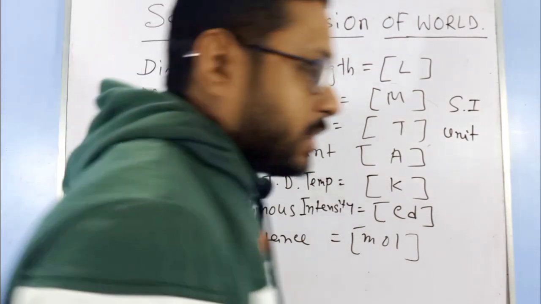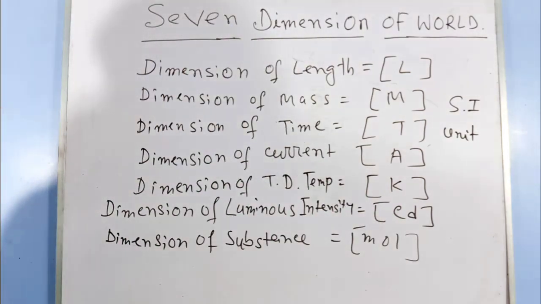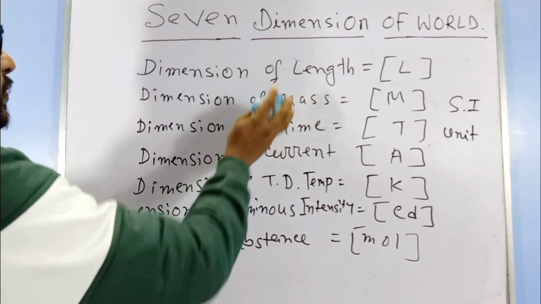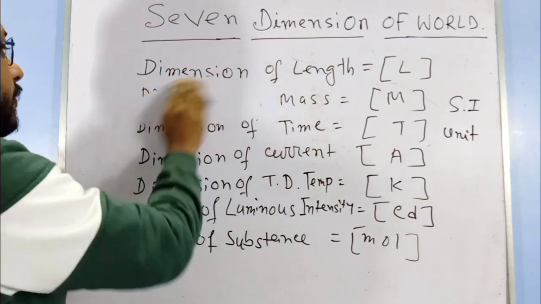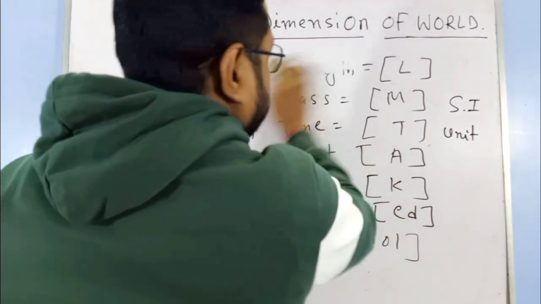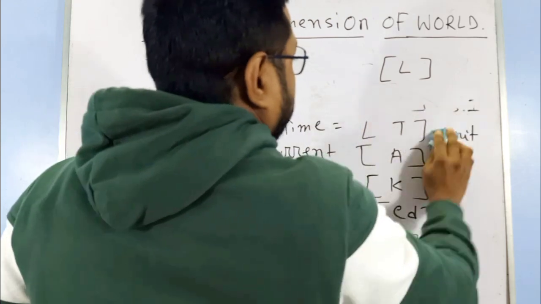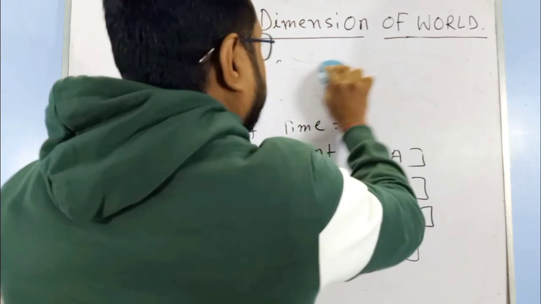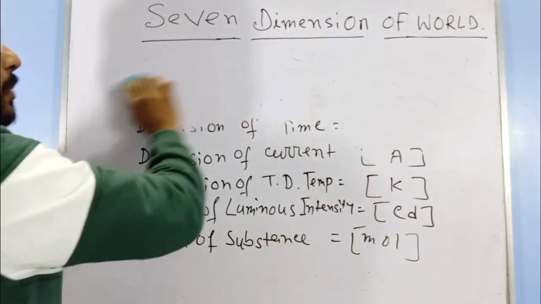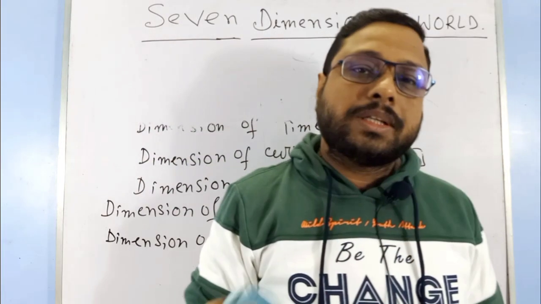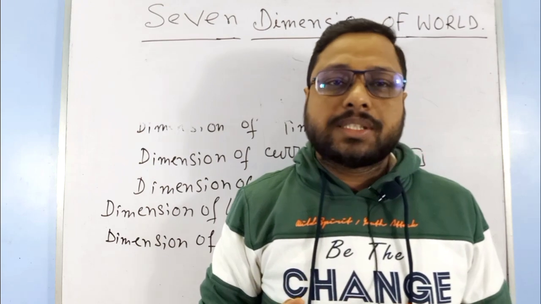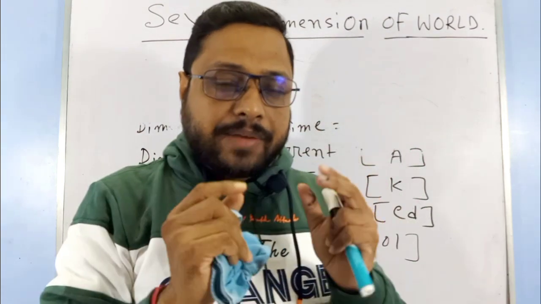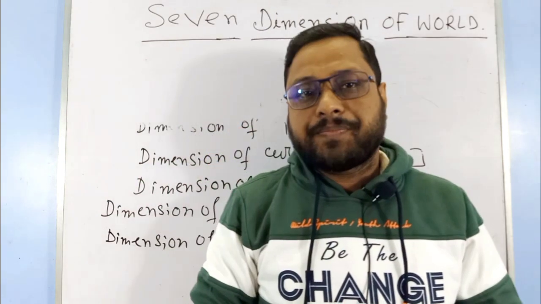Now we go with dimension. What is called dimension? The definition of dimension. Dimension is nothing but the power or exponent to which a fundamental quantity is raised to represent a definite physical quantity.